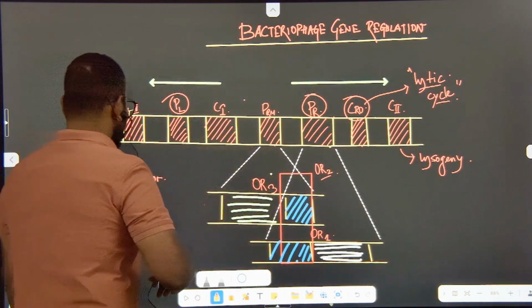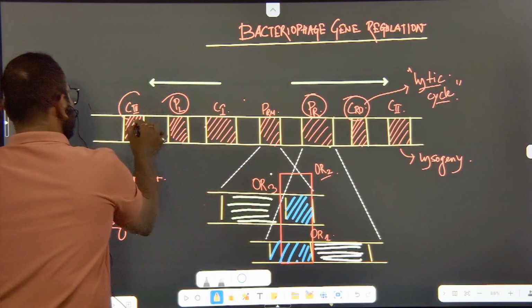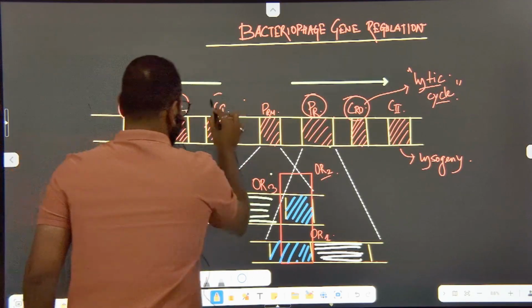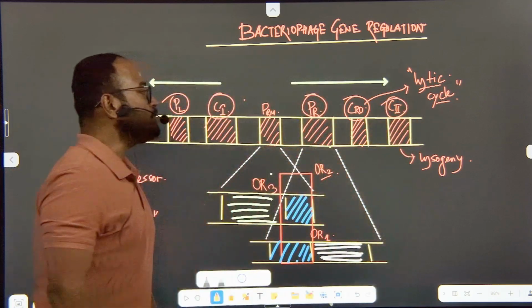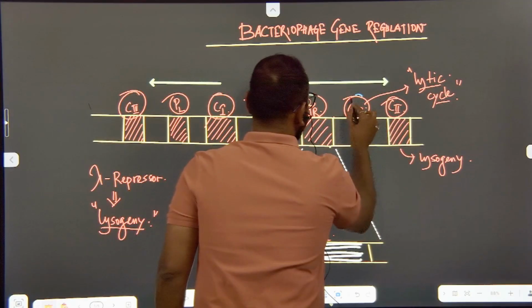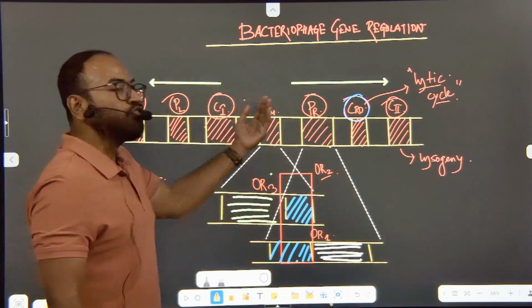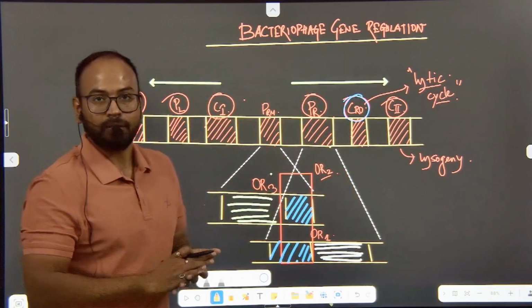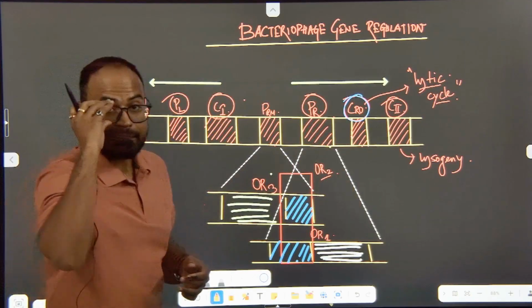So for lysogeny, till now, we have observed C3, then C1, and then C2. All these three are associated with lysogeny. And for lytic, we are getting Cro protein. And there lies another protein I haven't introduced yet, which is N protein. That is also associated with the lytic cycle.